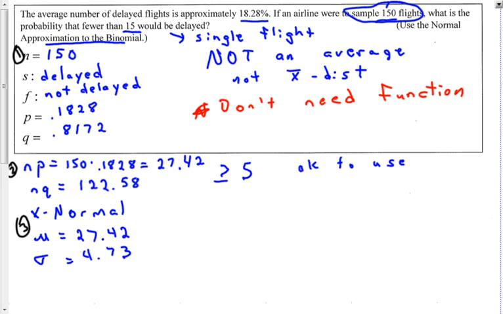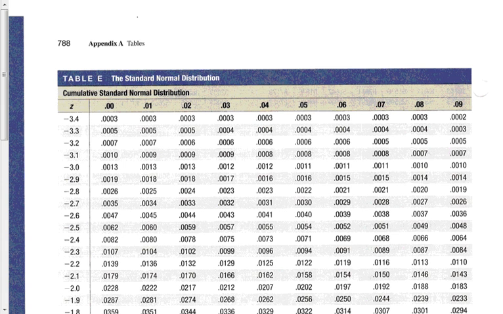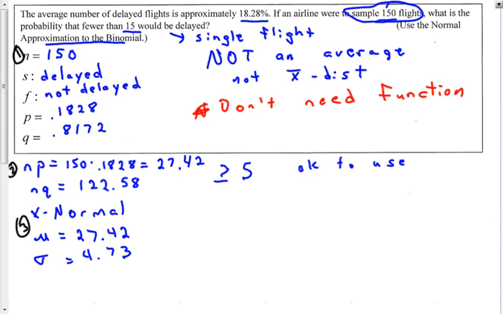Then we have to go and answer that question. It wants to know in the binomial, what's the probability that there are less than 15 delayed flights? And again, that's in the binomial.